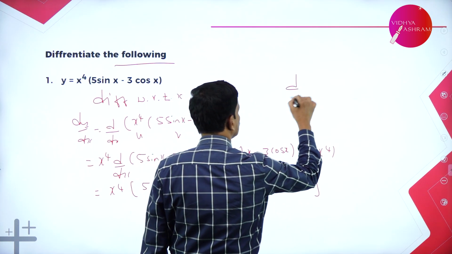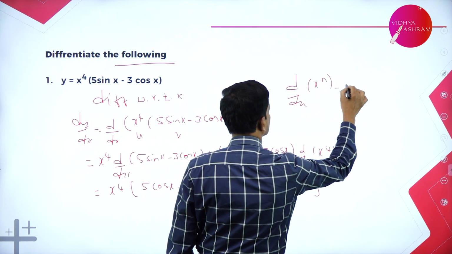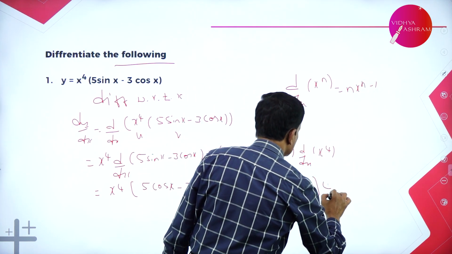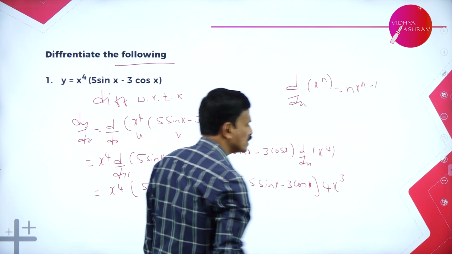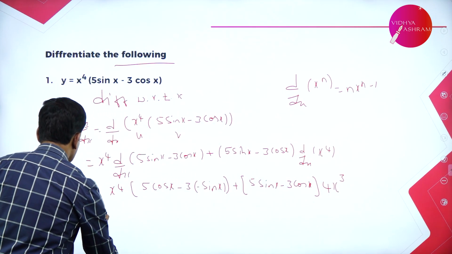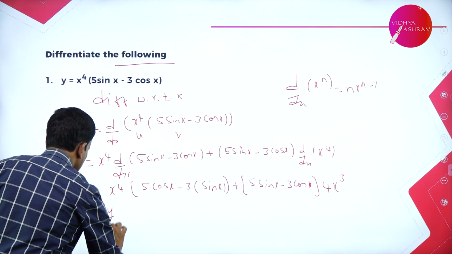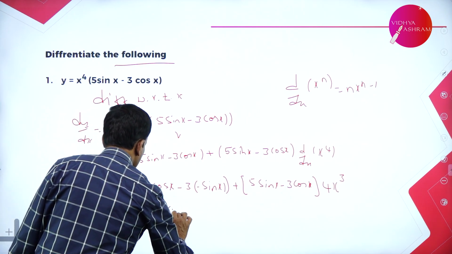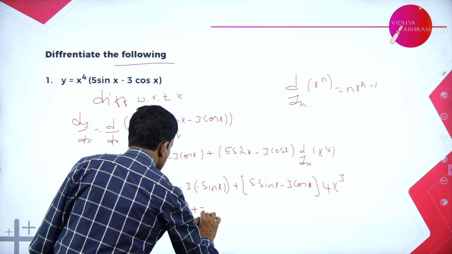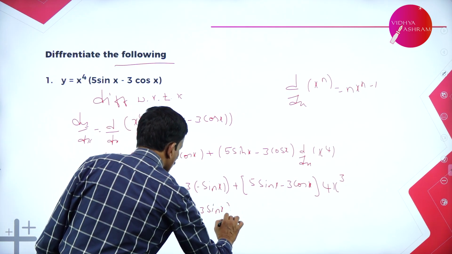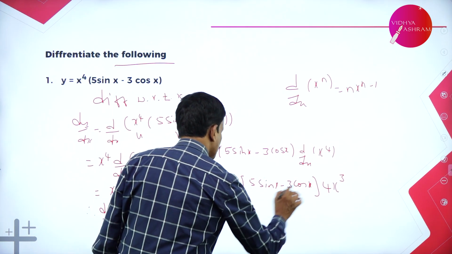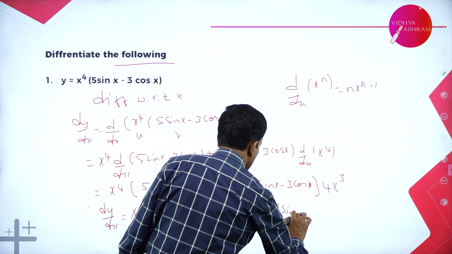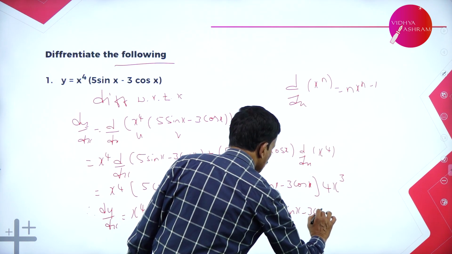You know the formula, just recall, d by dx of x raised to n is n x to the power of n minus 1. Here this is 4x to the power of 4 minus 1, which is 3. Therefore, dy by dx is equal to x to the power of 4 times 5 cos x minus into minus, plus 3 sin x, plus 4x cube into 5 sin x minus 3 cos x.